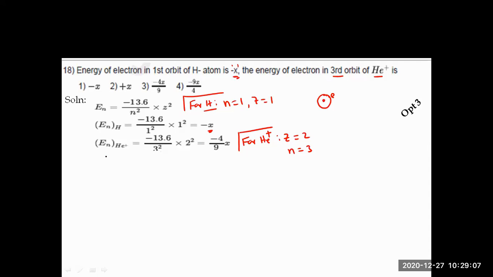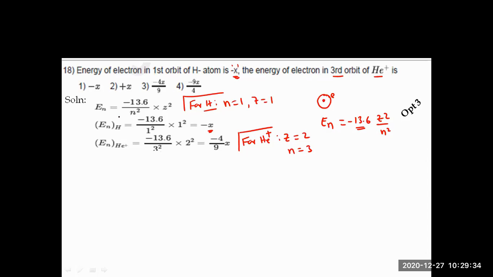Otherwise directly the formula to calculate energy of electron in nth orbit of any species is En is equal to minus 13.6 into z square divided by n square is the formula, correct? But what is this 13.6? It is nothing but x.